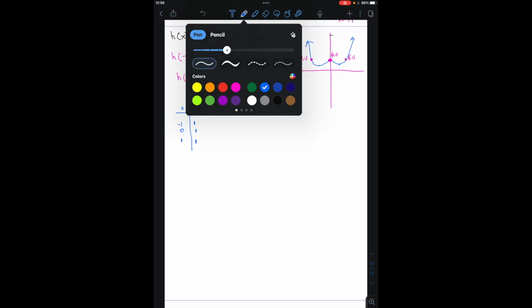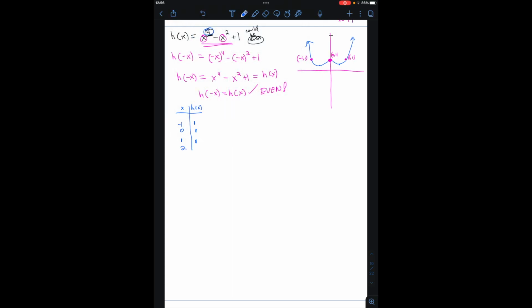And then to show it one more time, we could do 2. So 2 to the fourth minus 2 squared plus 1 would be 16 minus 4 plus 1, or 13. So somewhere up here is 2, 13. And if I put in negative 2 to the fourth minus negative 2 squared plus 1, again, 16 minus 4 plus 1. So it's all the same. We get negative 2, 13.